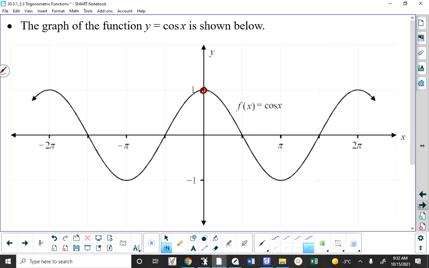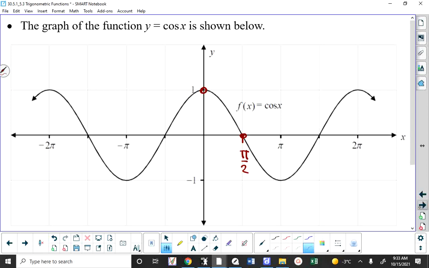When you rotate to the top of the unit circle by rotating through an angle of pi over 2, the x coordinate on the unit circle is 0, which means cosine of the rotation angle is 0. And then this continues all the way to pi. The x coordinate is -1, which means cosine is -1.